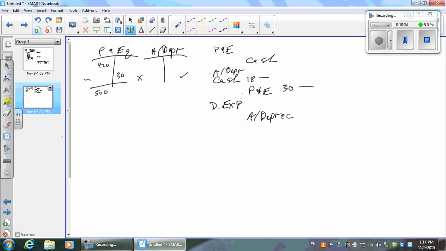Okay, and then how much was depreciated on it? 10, right? 18 cost 30, there was depreciation of 10. Okay? Yeah, only 10. So what was my book value? The asset cost 30 and I have the accumulated depreciation of 10. It was 20, wasn't it? And I sold it for 18.